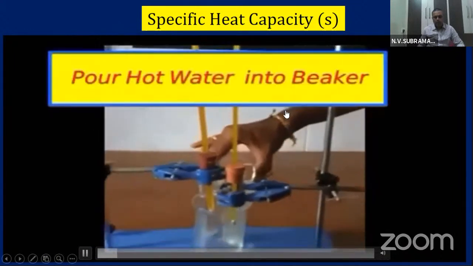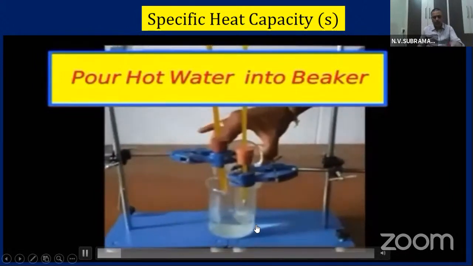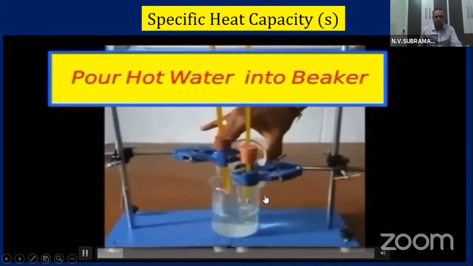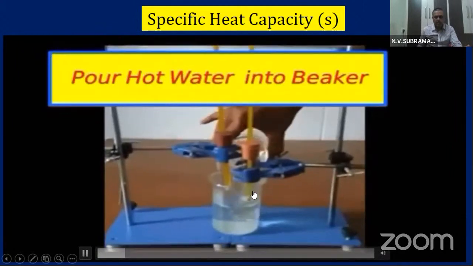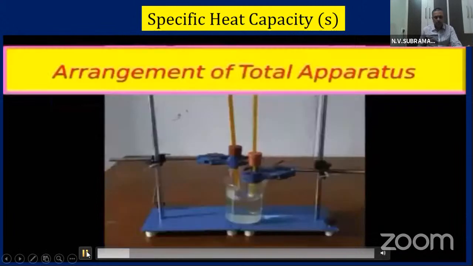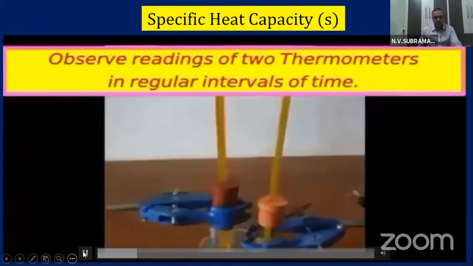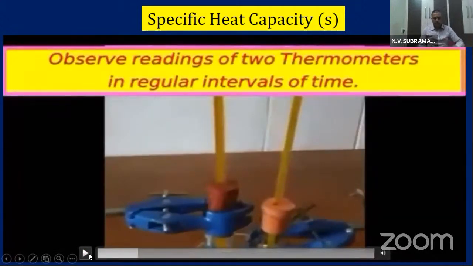Pour hot water into a beaker. How many beakers do you have here? Two beakers, children. In one beaker you have normal water. In another beaker you have oil, same mass.